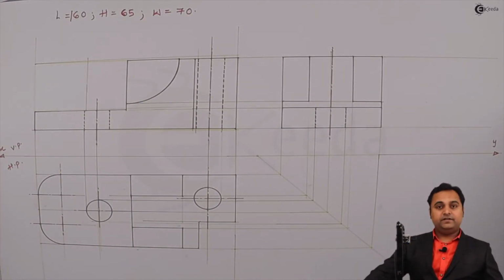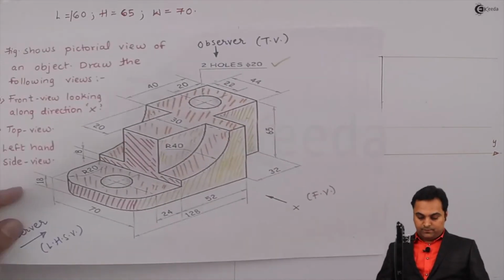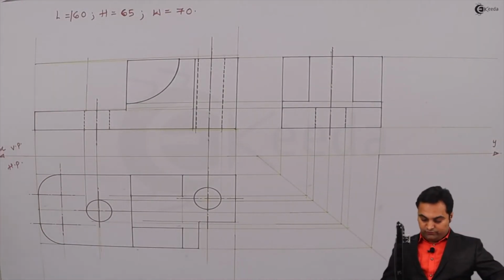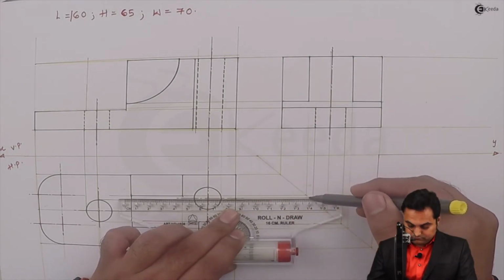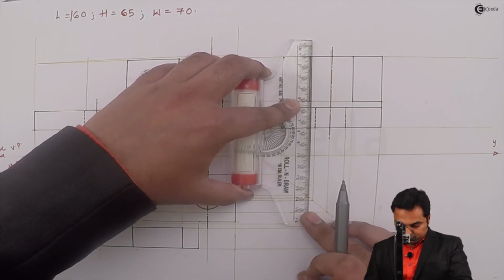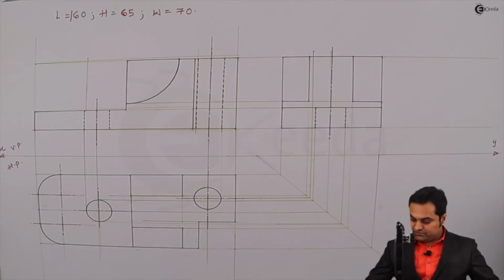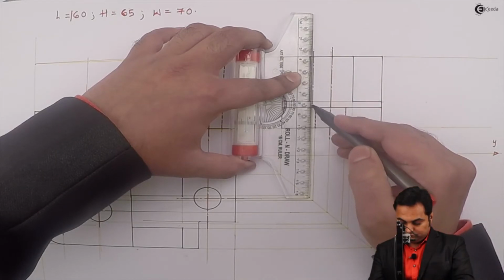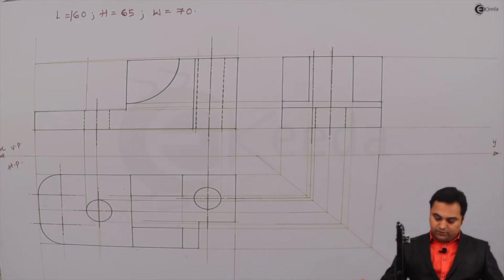Then after that there is another hole inside this block, and that block is of total height 65. So for that I am projecting the center. So this is the center of the circle. The circle has a diameter of 20 mm.